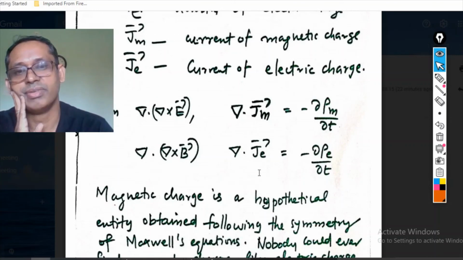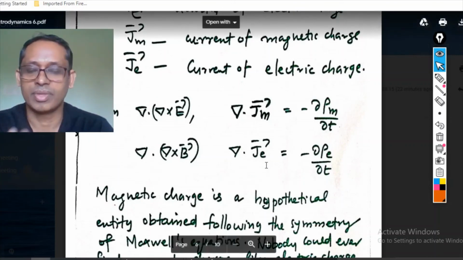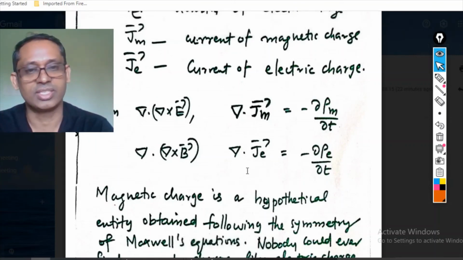And we know the continuity equation for electric charge density, del dot J equal to minus dou rho E by dou t.